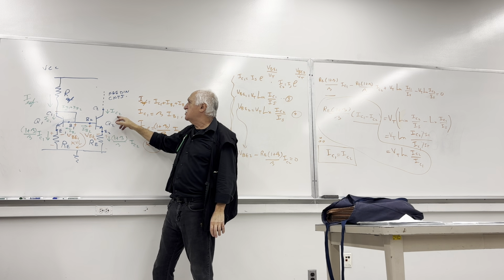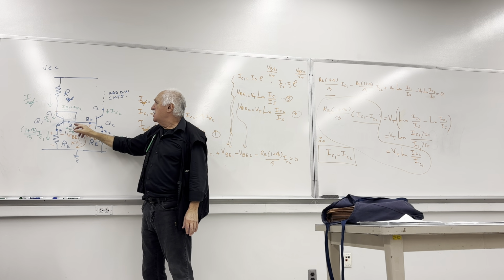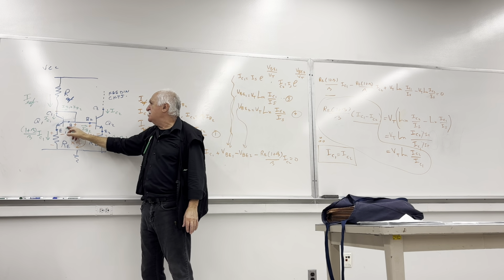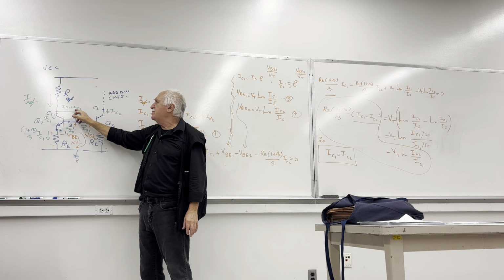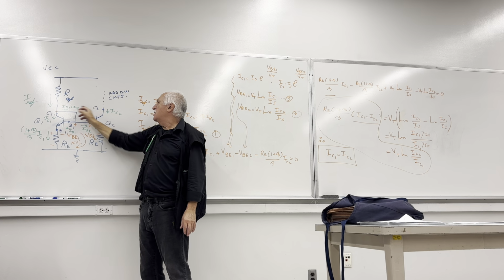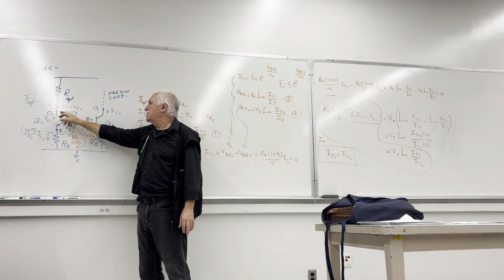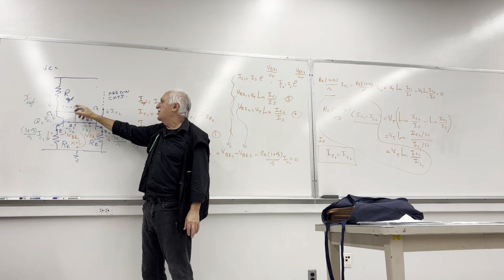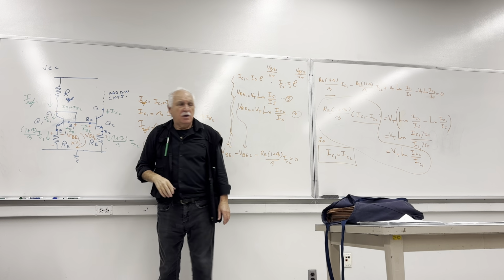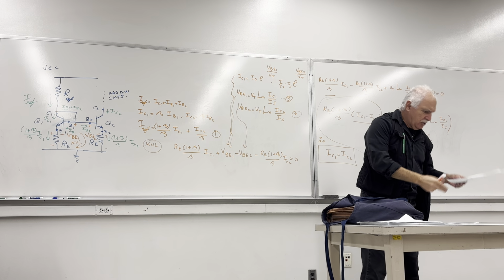But how are you going to relate the collector current here to IREF? That's easy, because if the collector currents are the same and the betas are the same, then the IBs are the same. So this will be equal to IC2 over beta. So that total current will be twice IC2 over beta, and we can relate them to each other.